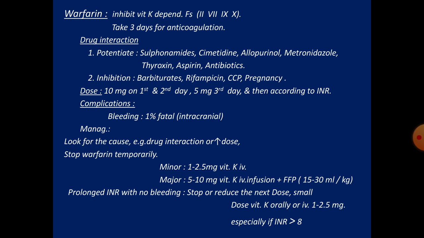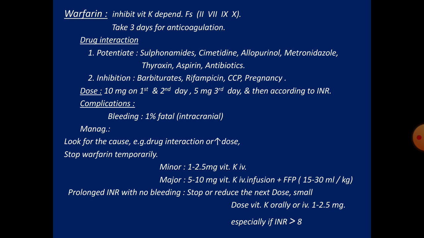For patients who have minor bleeding, we just give 1 to 2.5 milligram vitamin K IV, but for patients with major bleeding, we need to give a slightly higher dose, 5 to 10 milligram, which blocks the effect of warfarin for a time.